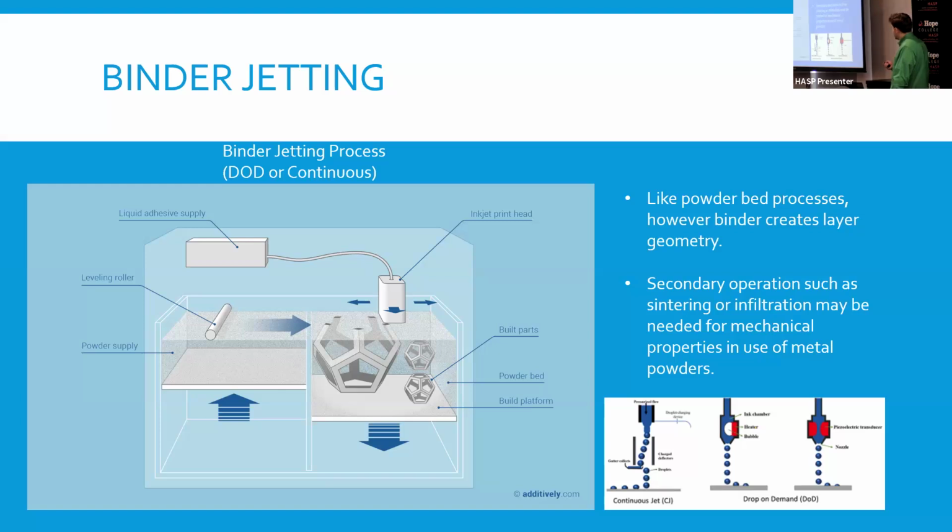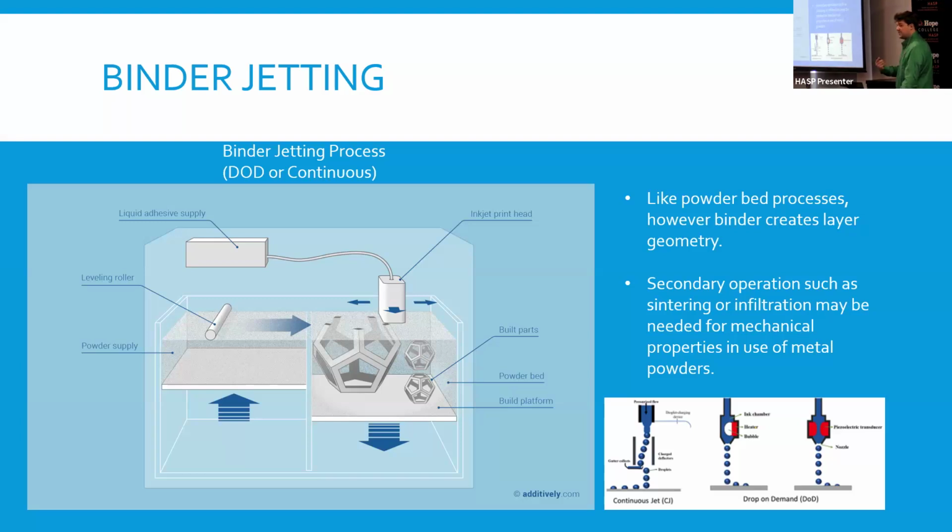What's interesting about this, before we go into here, we're going to talk about continuous and DOD, what that means. So up in the binder head, right here, it's basically how you're dropping your binder. So DOD is going to be right over here, and it's going to be controlled by pressure.